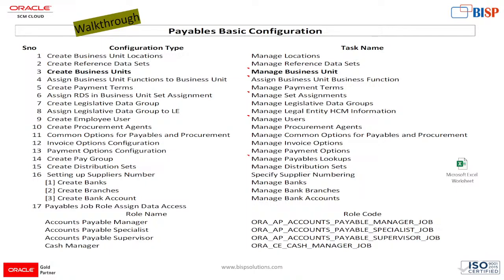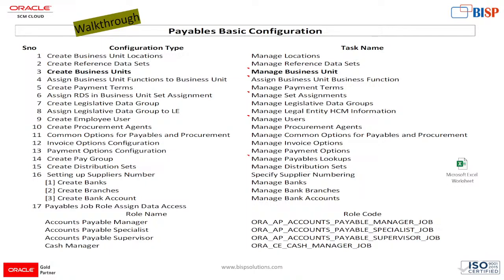And then we have invoice option configurations, then payment option configurations, and creating a payment pay group. With the pay group you can group payments together when you make the payment. You create the pay group from payables lookups, and create a distribution set.